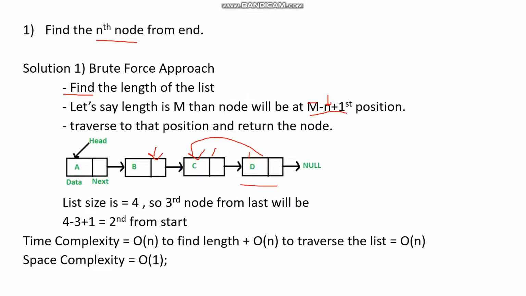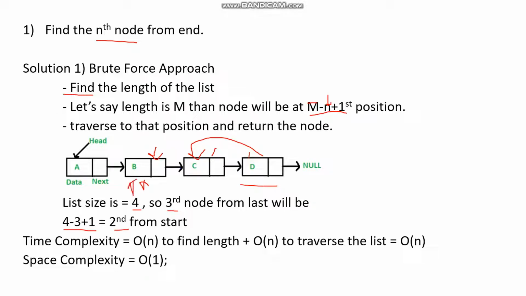So if we have to find the third element from the end of the linked list, this is the example. The size of the linked list is 4 and we have to find the third element from the end. So from the start, that position will be 4 minus 3 plus 1, that is second.